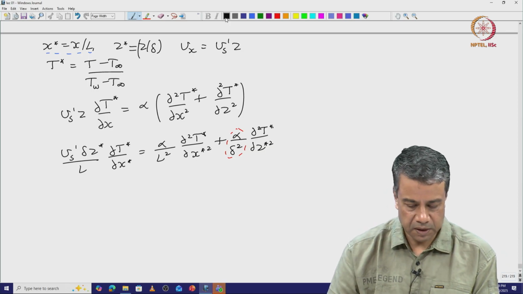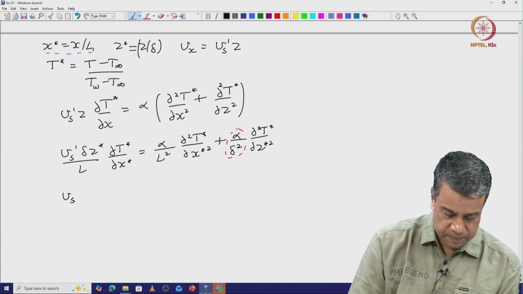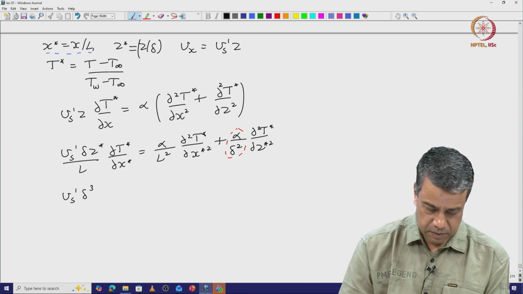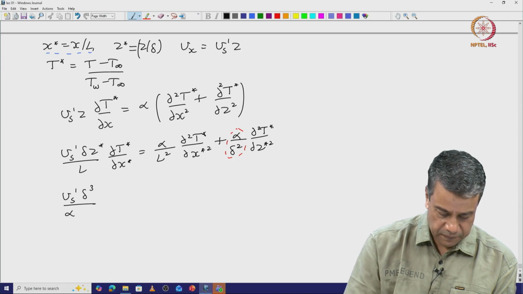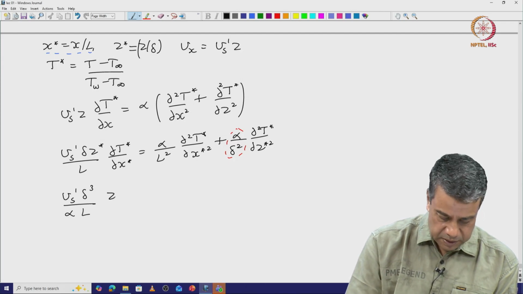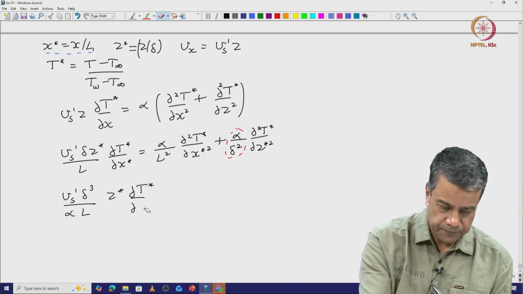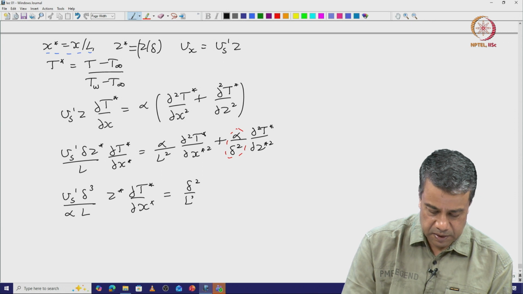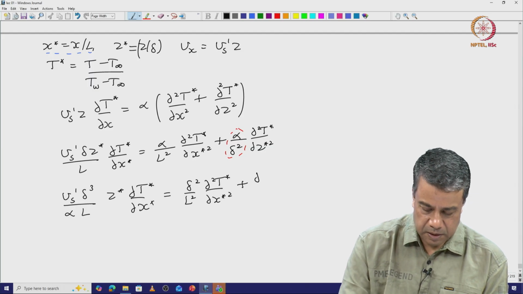Therefore, I can divide throughout by alpha by delta square and I will get Vs prime delta cubed by alpha L, z star partial T by partial x, is equal to delta square by L square partial square T by partial x square plus partial square T by partial z square.